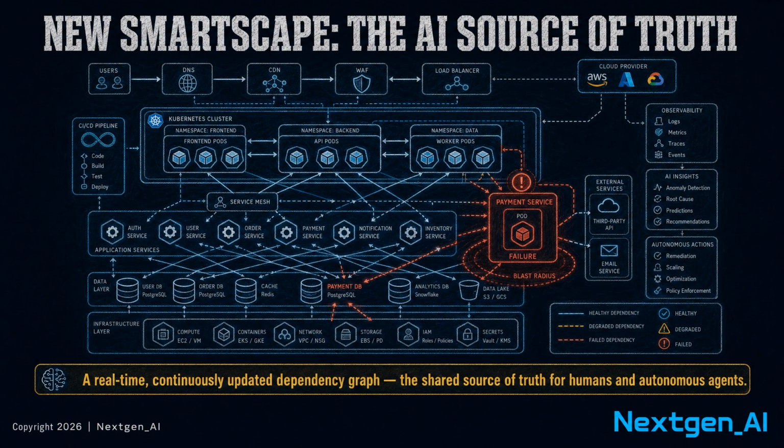This deep, continuously accurate context ensures that any automated remediation action is safe, precisely targeted, and structured to prevent cascading failures rather than inadvertently triggering them. This is what separates deterministic causal AI from probabilistic guesswork.